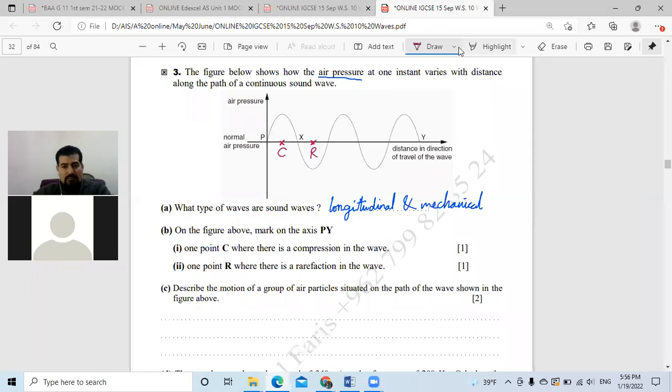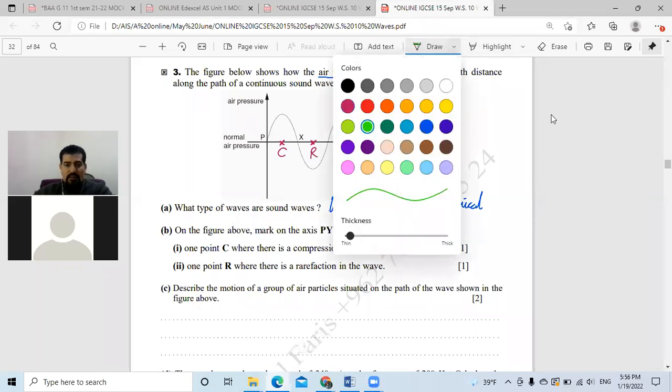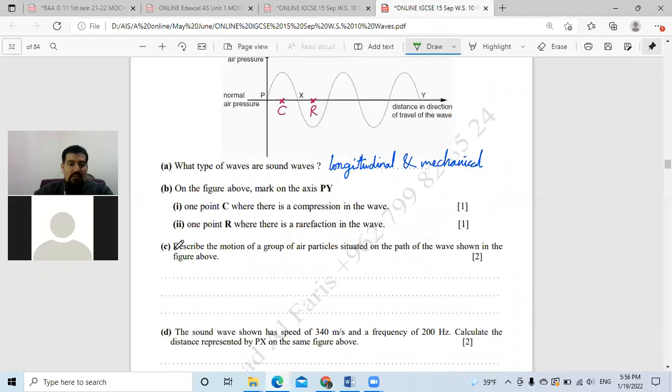Part C. In this question, what do they say? Describe the motion of a group of air particles instead of the path of the wave shown in the figure above. Now they ask about the description of the motion of the group of air molecules. How do they move?